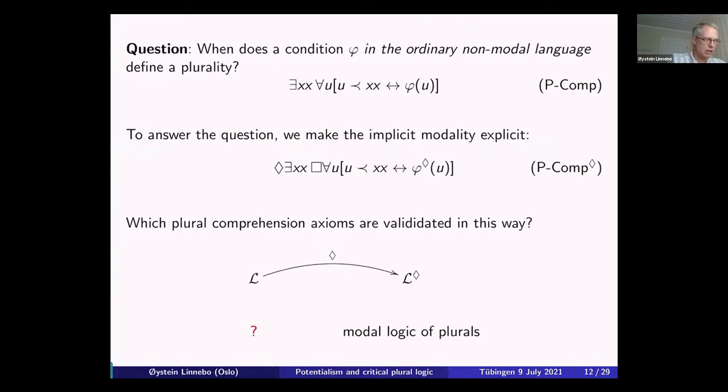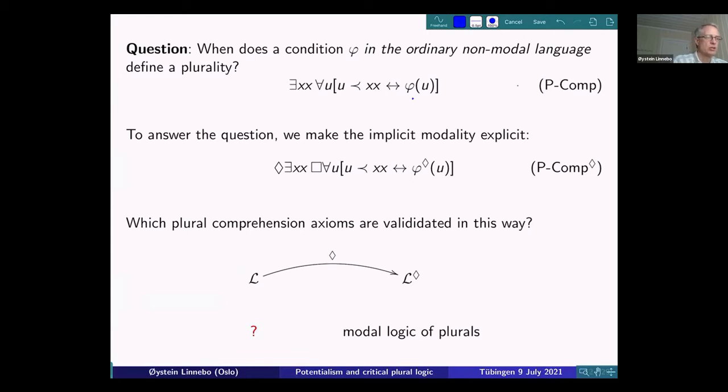Now here's the question as it gets analyzed of correct plural logic. So the most interesting aspect of plural logic for our purposes is the question of plural comprehension. So which pluralities are there? For which formulas phi can you talk about all and only the phi's, some things that are all and only the phi's? And then you analyze this in the way we have seen now.